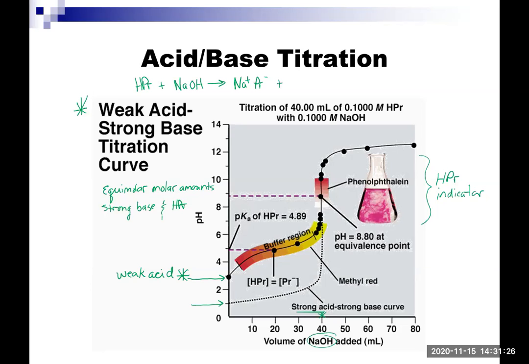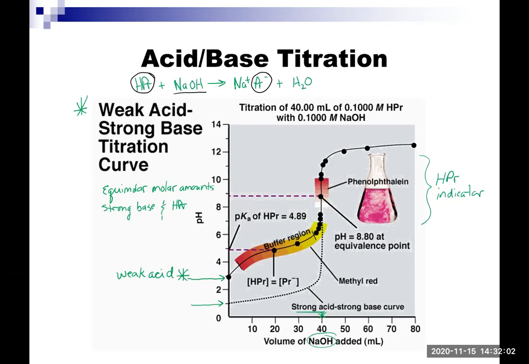And then the other thing that we have is water, H2O or HOH, however you want to write it. But what's interesting is that what we're forming in this solution is a buffer pair. Here's our weak acid, and here is its weak conjugate base. So as soon as we start adding sodium hydroxide, we start forming a buffer pair in solution. And that's why we have this buffer region, because we're resisting changes in pH.